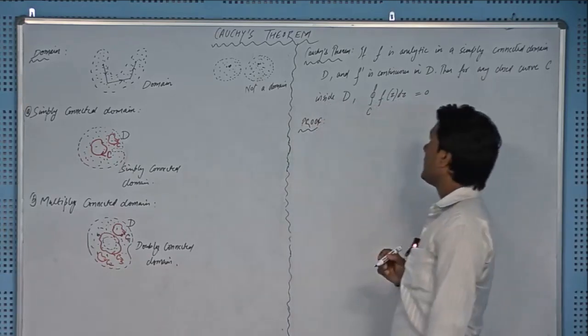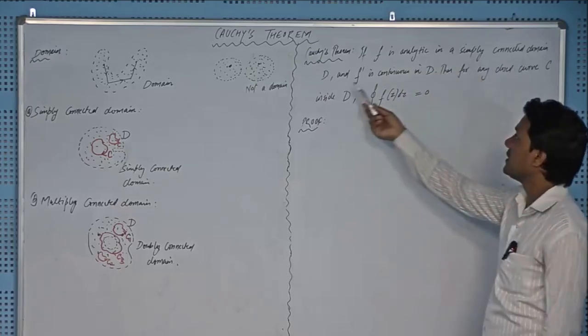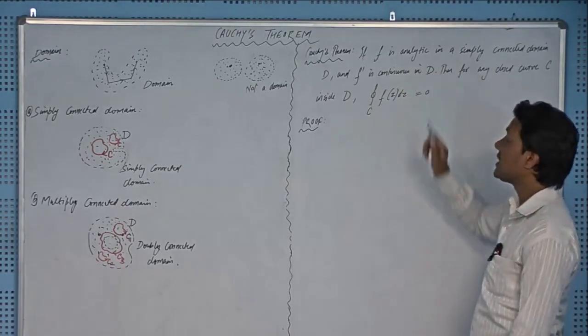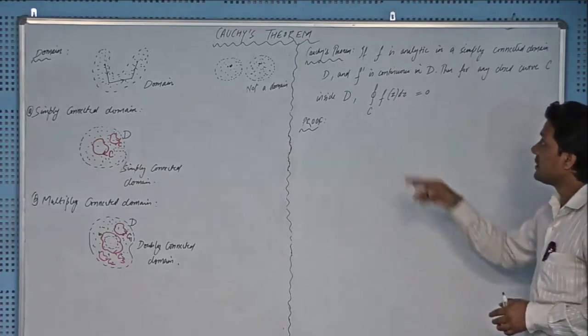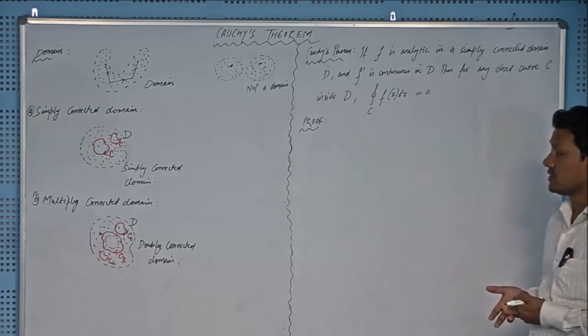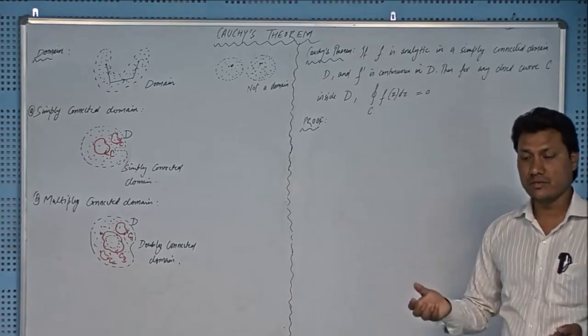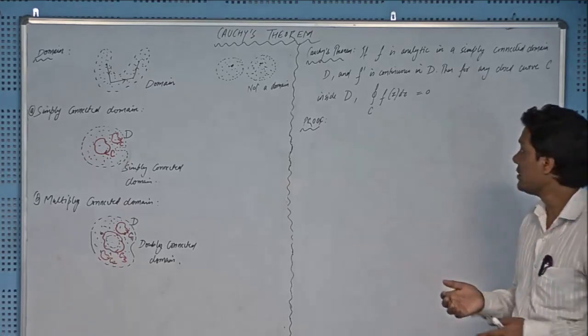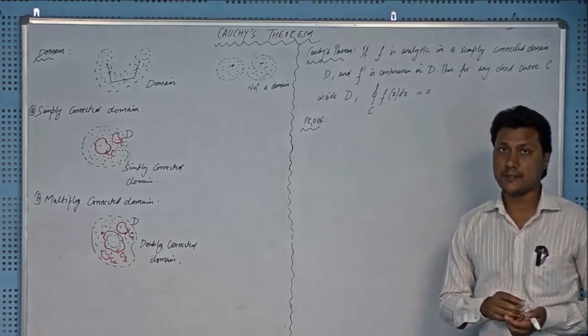It assumes that f is analytic in a simply connected domain D, means if f is analytic, then it will satisfy Cauchy-Riemann equations, right? And another thing is that f dash is continuous, and if f dash is continuous, then its u and v parts, because f is equal to u plus i v, then u and v will also be continuous, or you can say that partial derivatives are also continuous in domain D, right?